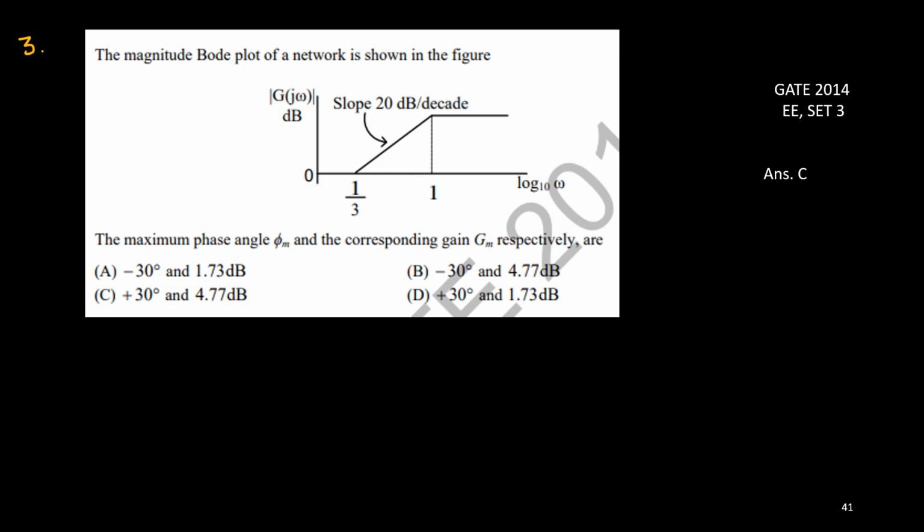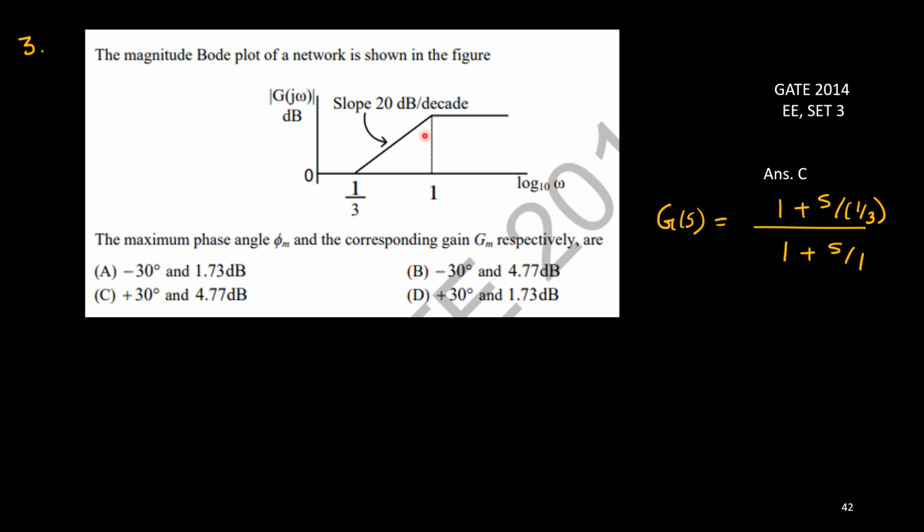What is G of S? Initially it is 0 dB, which means there are no poles or zeros at the origin. There is just a corner point here, 1 upon 3. From there it is a slope of plus 20 dB per decade, which means there is a zero.